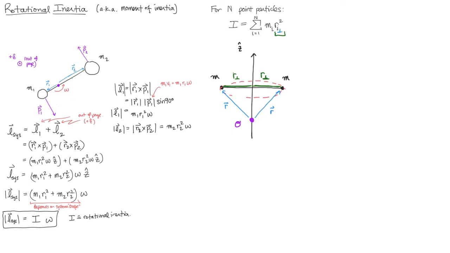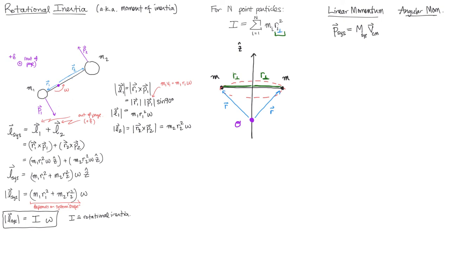So let's compare the angular momentum and the linear momentum. In the case of linear momentum, we're going to talk about terms and contrast and compare it with angular momentum. So in linear momentum, we have a momentum for the system, which is given by the mass of the system times the velocity of the center of mass, and that's a vector quantity.